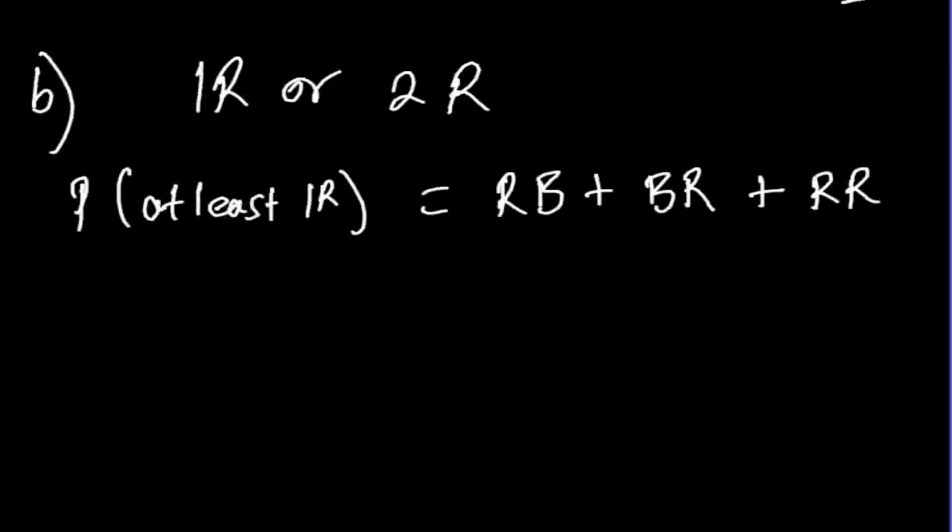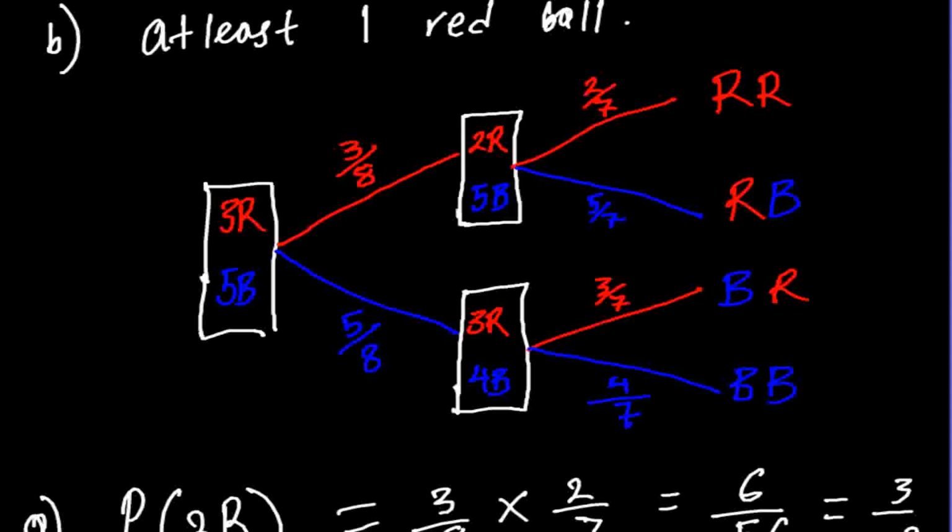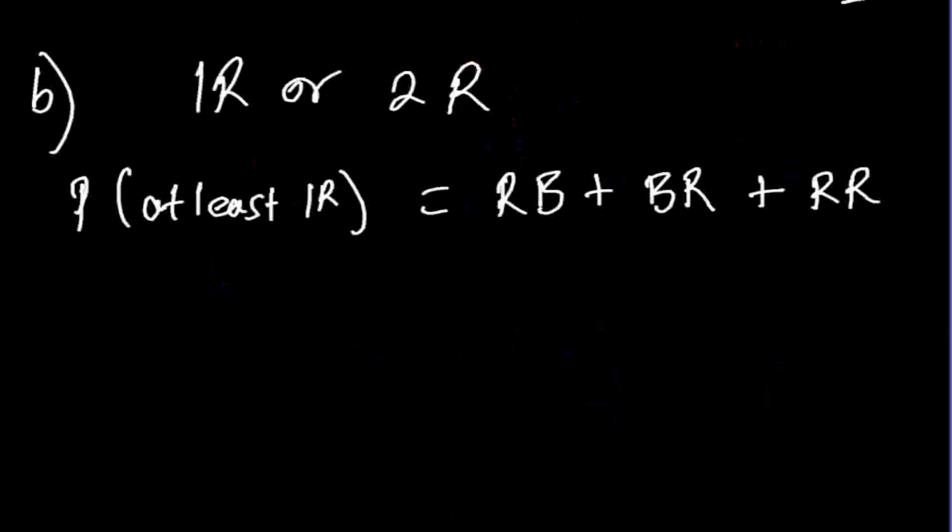So for the red blue, our probability is 3 out of 8 times 5 out of 7. So this is 3 out of 8 times 5 out of 7.